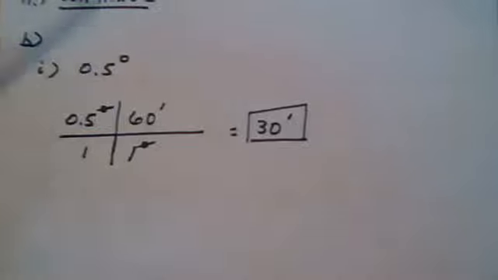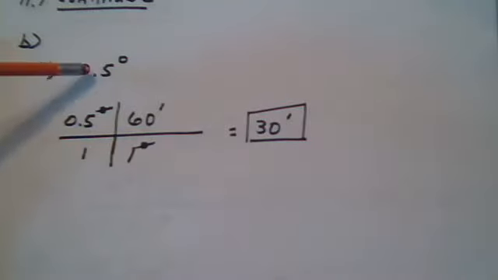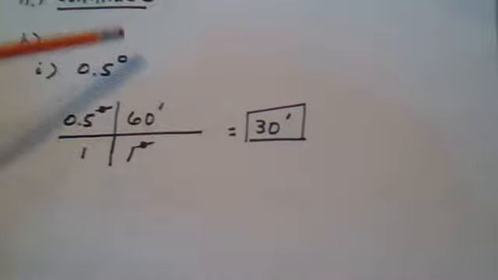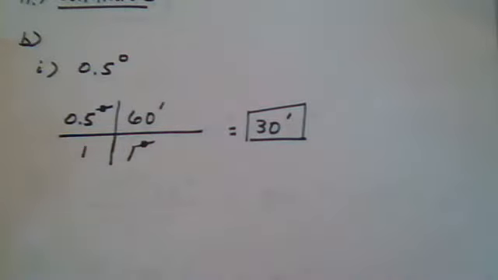For this problem, we're going to change these degrees into the next unit, which are the minutes, and the decimal will disappear. So how do you do that? Well, since I'm going to the next unit, I need a connection between degrees and minutes. And what's the connection? 1 degree is the same thing as 60 minutes.